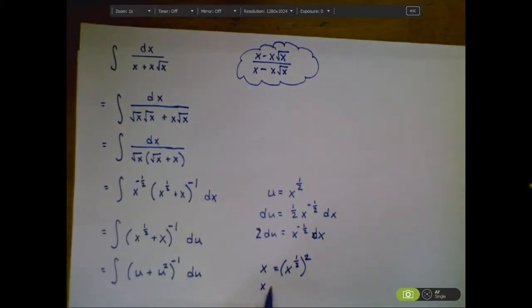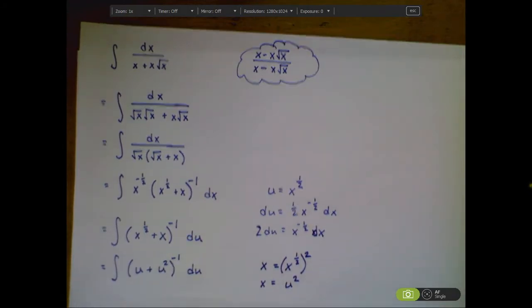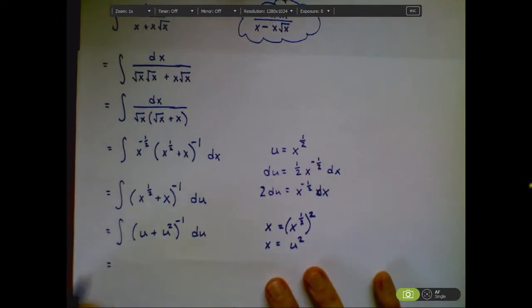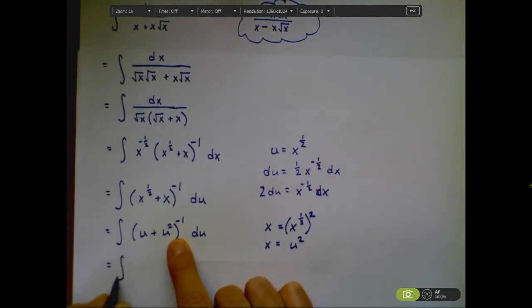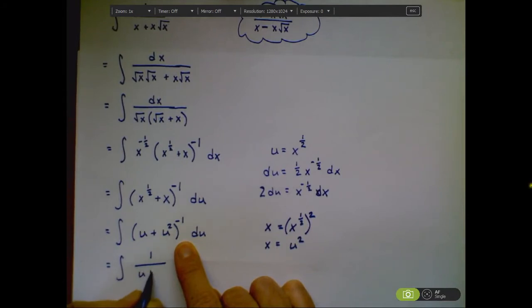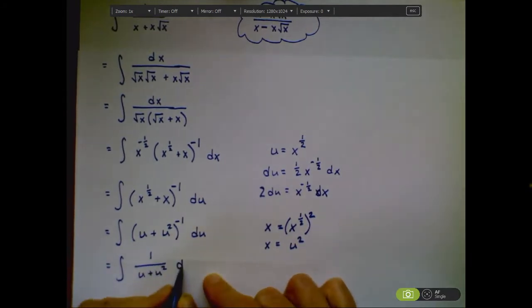And so that means that x is equal to u squared. That's what that substitution is. So finally, 1 over u plus u squared du.